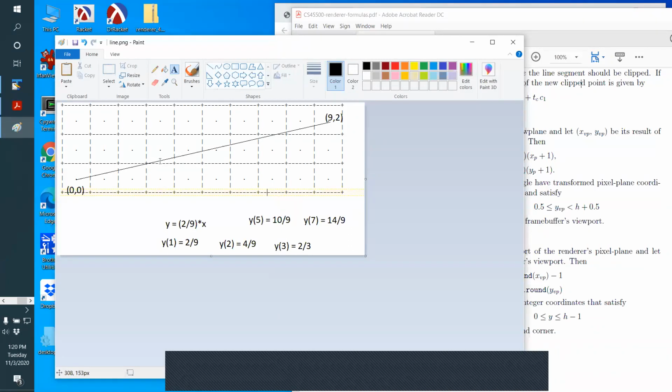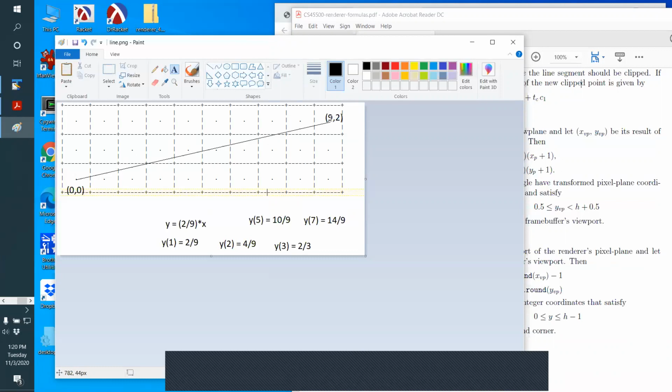If it's the aliased version, this picture still helps, but you don't have that extra calculation. It's just which pixel you're closest to. This one, this one, this one, and so on.